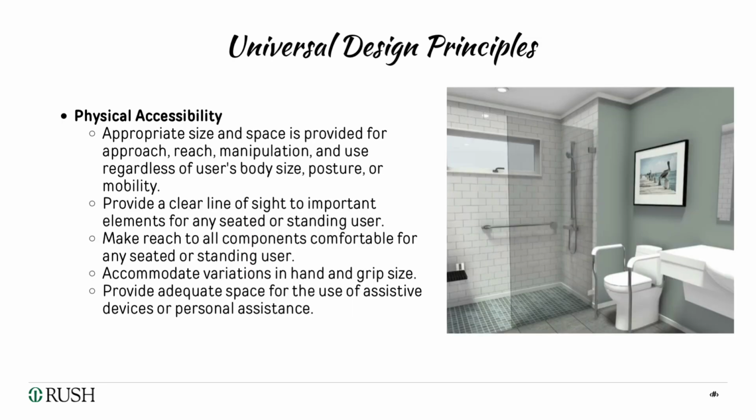The principle of physical accessibility, I believe, is probably the one that you all think about most when it comes to ADA. It involves providing appropriate size and space for approach, reach, manipulation, and use, regardless of physical characteristics. So this means designing environments with clear pathways, ample space around objects to accommodate individuals with mobility aids, and those using varying ranges of motion.